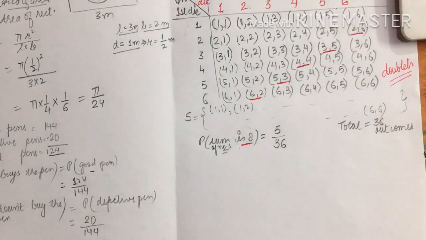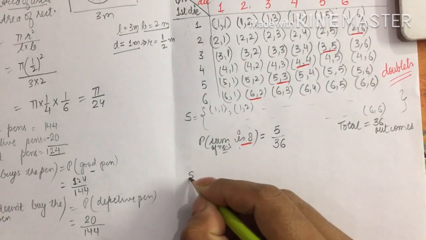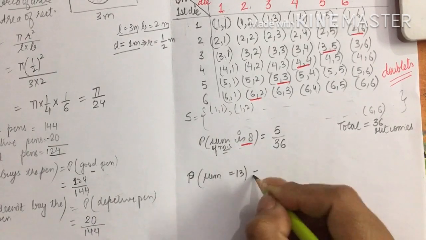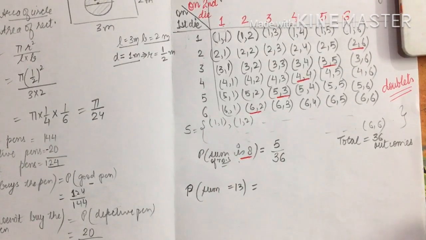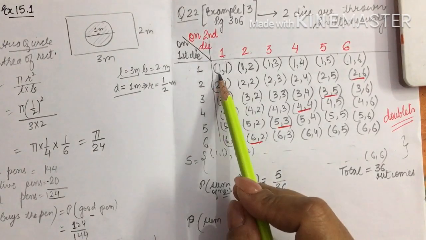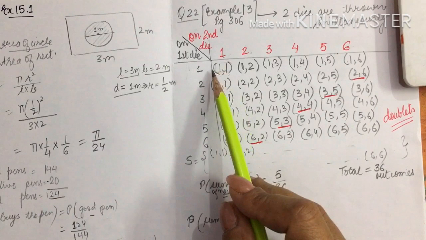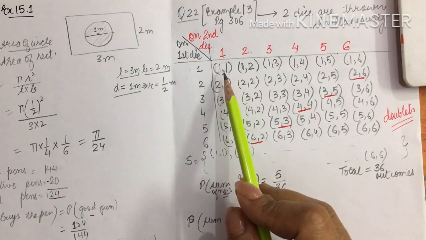The second part is we want the probability of getting the sum as 13. So probability that sum is equal to 13. Let's take a look. The minimum sum that you can obtain here is this. The smallest numbers on both dice, the sum is 2. The minimum possibility is that the sum will be 2.